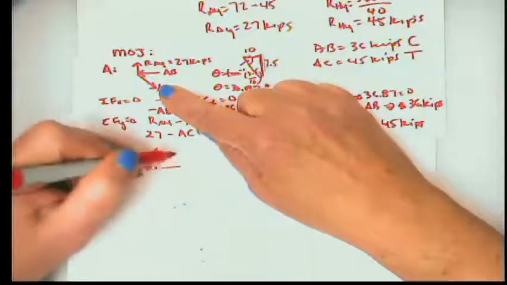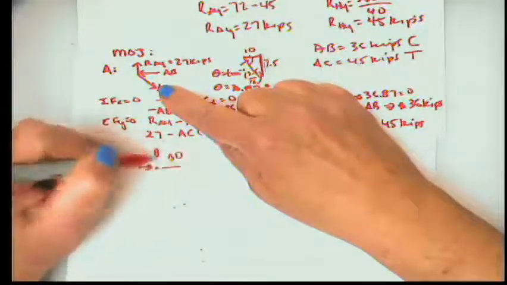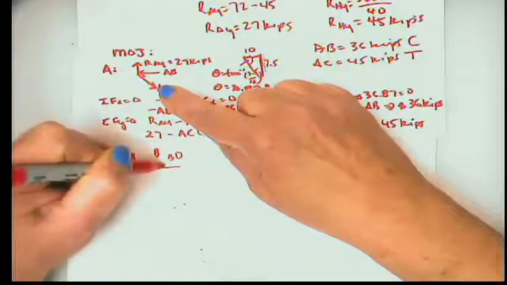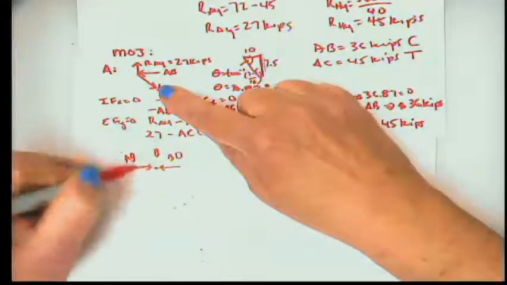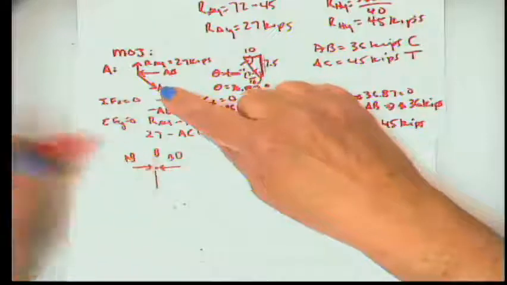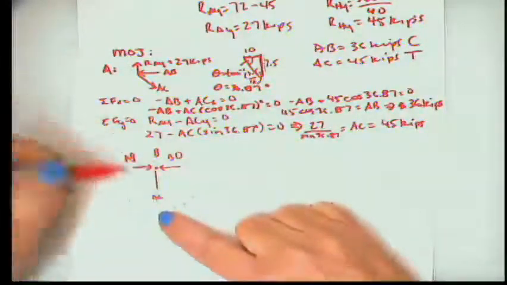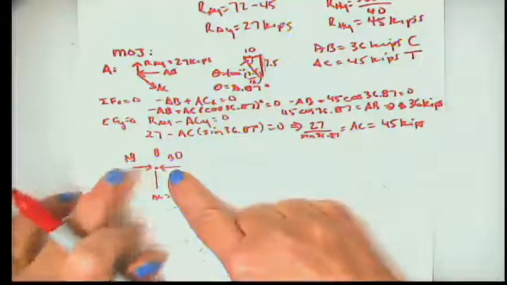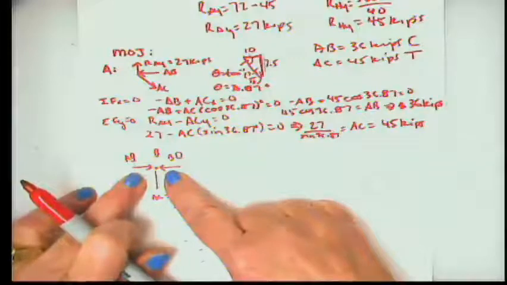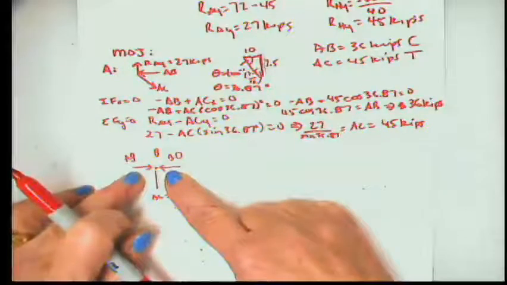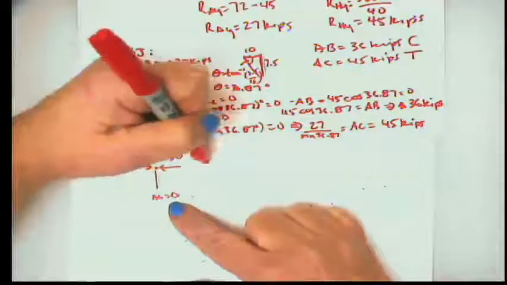But here we are for BD. If this is pushing on the joint, BD is going to have to be the reverse of it, isn't it? And for BC, there's nothing to match its vertical component, so BC is equal to 0. But look at this horizontally. The magnitude of AB and the magnitude of BD have to be the same because they're the only thing in the y direction.